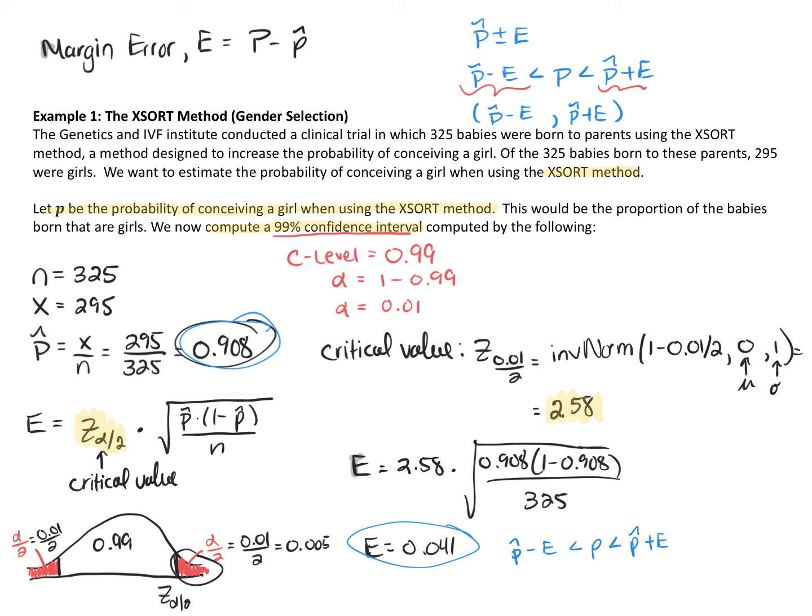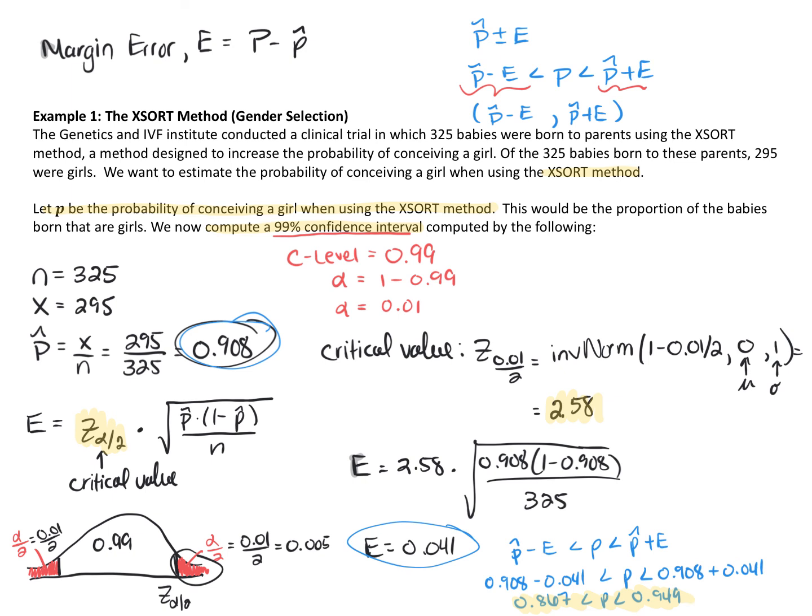So our p hat, 0.908 minus 0.041, is going to be less than p, less than 0.908 plus 0.041, which gives us a confidence interval of 0.867 up to 0.949. Okay, I know I kind of squeezed it at the bottom there, but let's interpret this confidence interval.